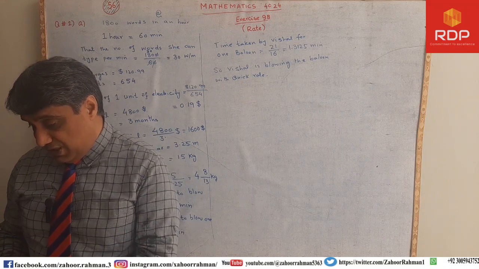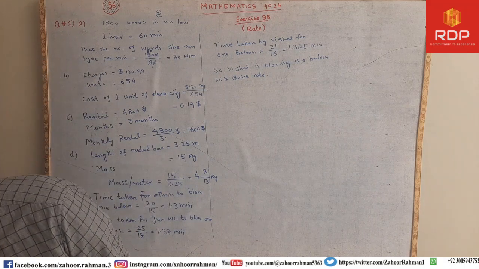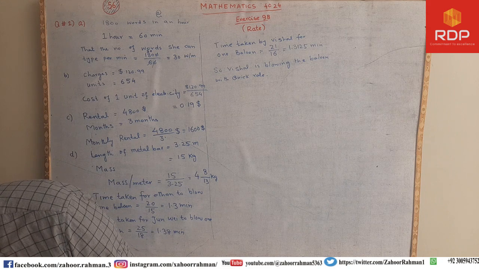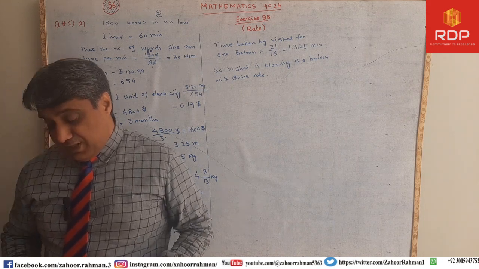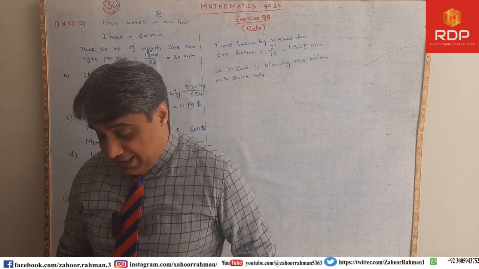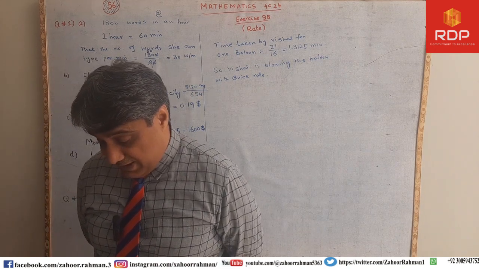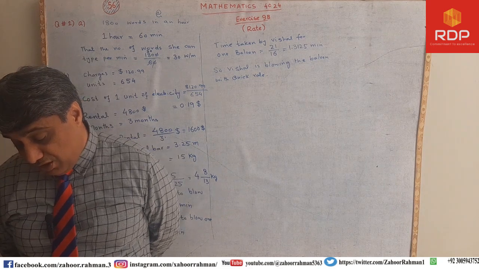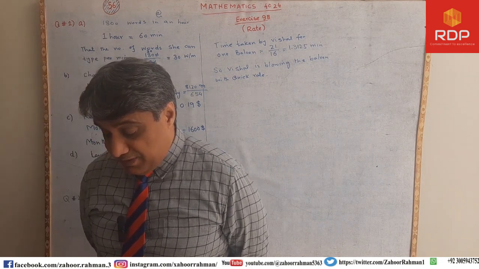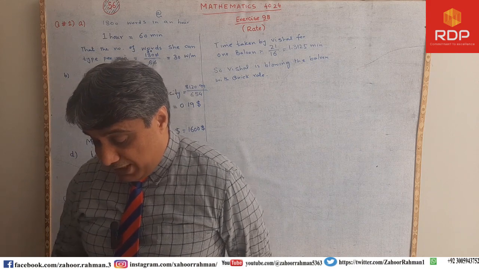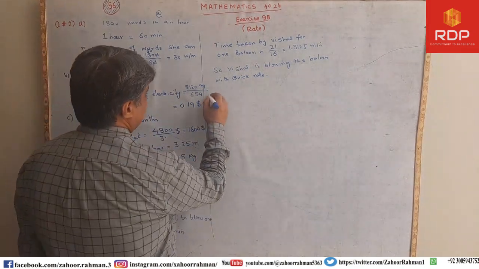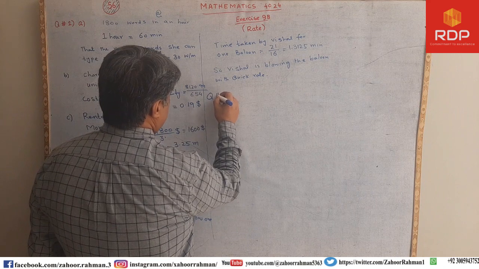Question number 3 is saying that for each ornament that a worker makes, he is paid $1.15. Let us write it because we will need this.